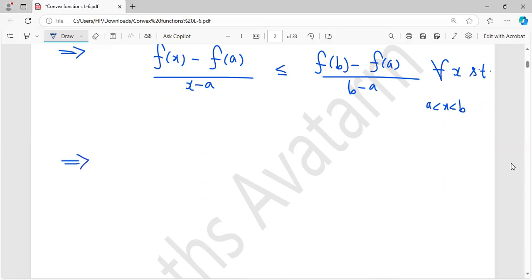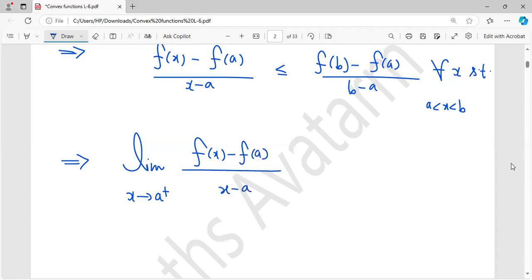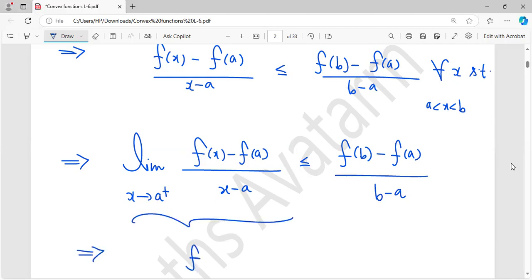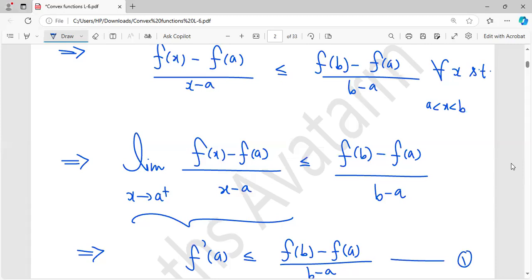So this will imply the limit as x tends to a from the right of (f(x) - f(a))/(x - a) is at most (f(b) - f(a))/(b - a). This is because the function is differentiable, so this is f'(a). Let's call this equation 1.